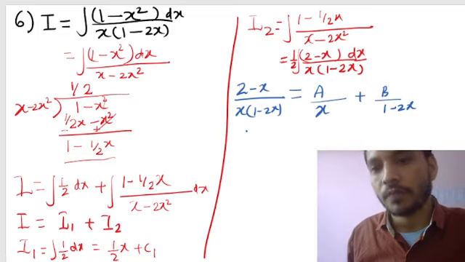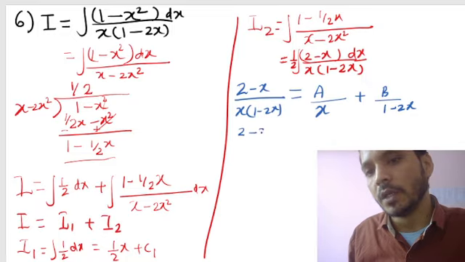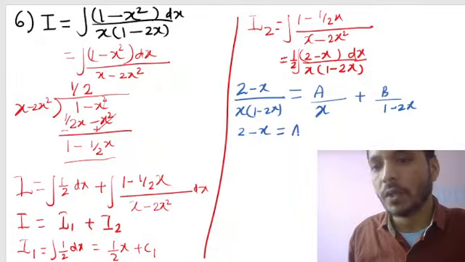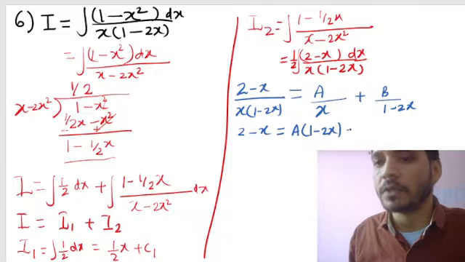So this will become 2 minus x is equal to a into 1 minus 2x plus b into x.